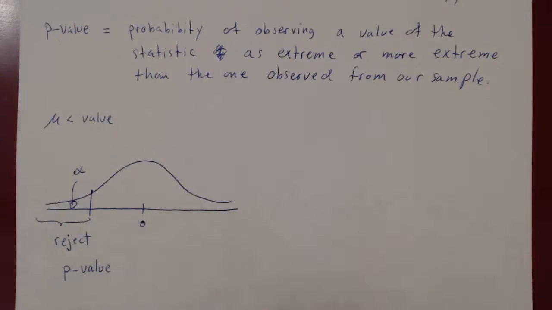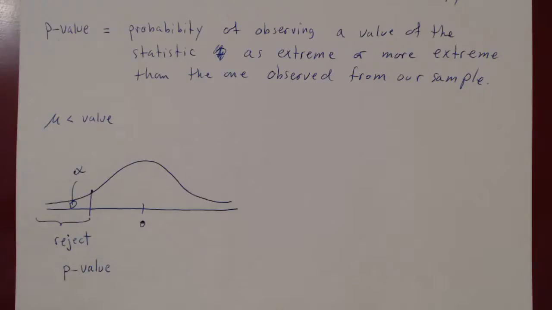But if your p-value is really small, then it doesn't look so good, because I assumed H naught was true, and from that assumption, I observed a value of my t statistic with a really small probability. And so that's too unlikely, so that's evidence against H naught, and you would reject it.